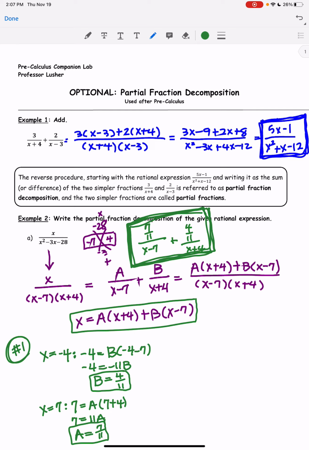Okay, that's my preferred method. And if you kind of notice, we got a complex fraction here, right? That's what we did last lesson, and it's okay to leave these in complex fractions.